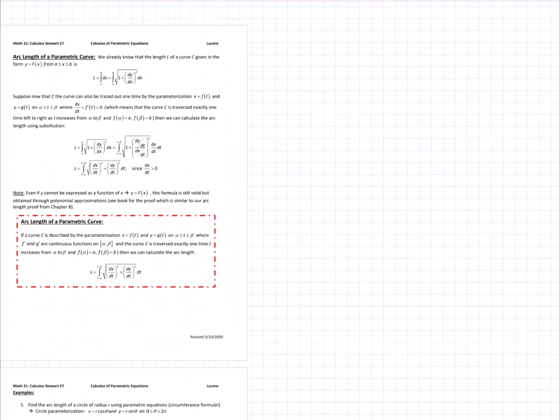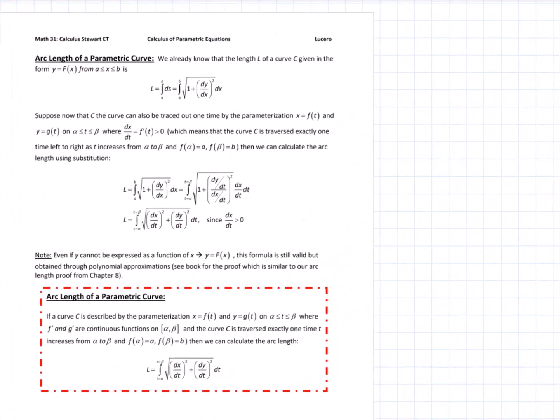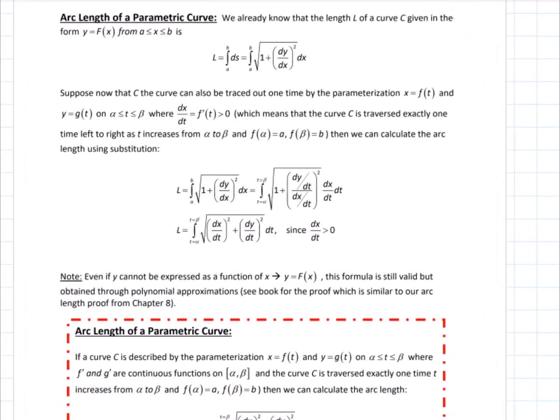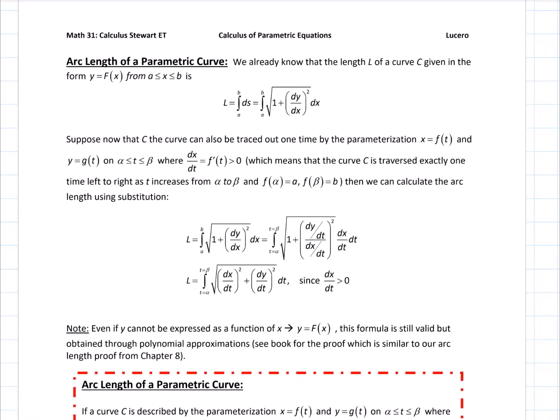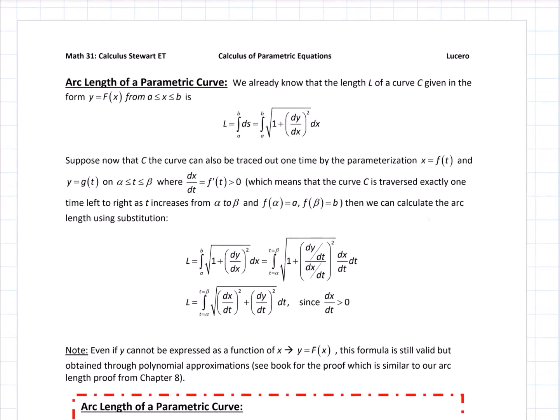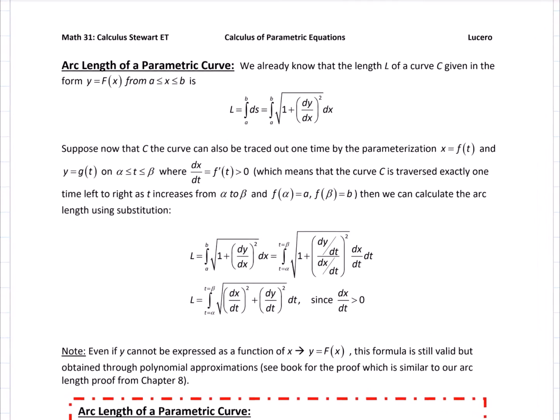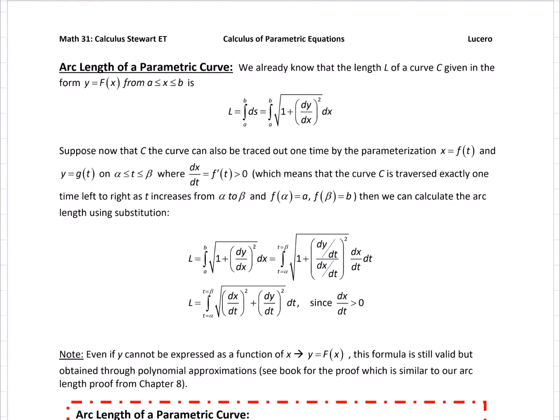So arc lengths, right? What about arc lengths? It turns out we can take that same application and in a very similar way, go through a little proof here and do a substitution as long as our parameterization traces the curve out one time as the parameter increases. And so just again, remembering what is the arc length of a curve.